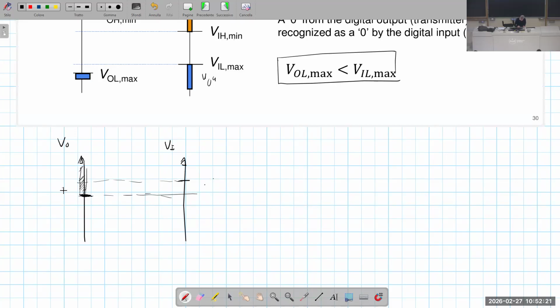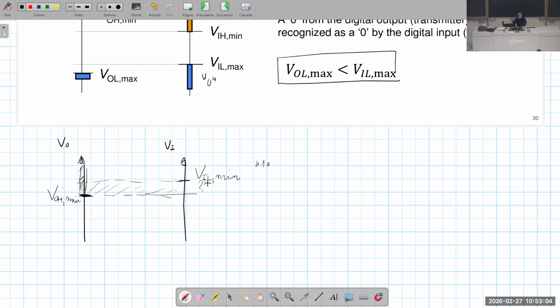So this is VOH minimum, and this is VIH minimum, and this is VIL maximum. If we are in this case and the output voltage of the transmitter is in this range, actually this is not properly recognized as a 1 by the receiver.